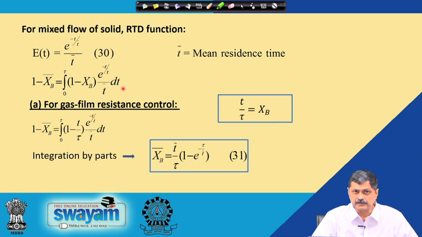It may be gas film resistance control, and there we know that 1 minus t by tau is equal to 1 minus x b. So, we replace 1 minus x b by 1 minus t by tau, and using integration by parts we get the expression for mean conversion of B, x b bar.